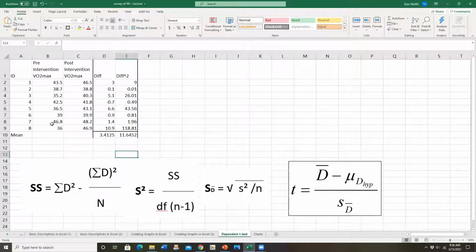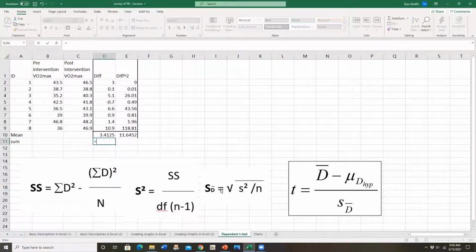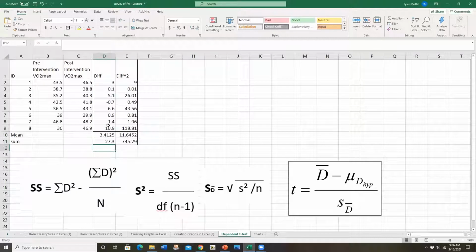I also need to find my sums for my difference and my difference squared, because I have to find my sum of squares, my variance, and then my standard error of the difference, all pieces of my equation. So equals SUM, open parenthesis, select my difference points, enter, and now I have my sum of the differences, and equals the sum of the differences squared.